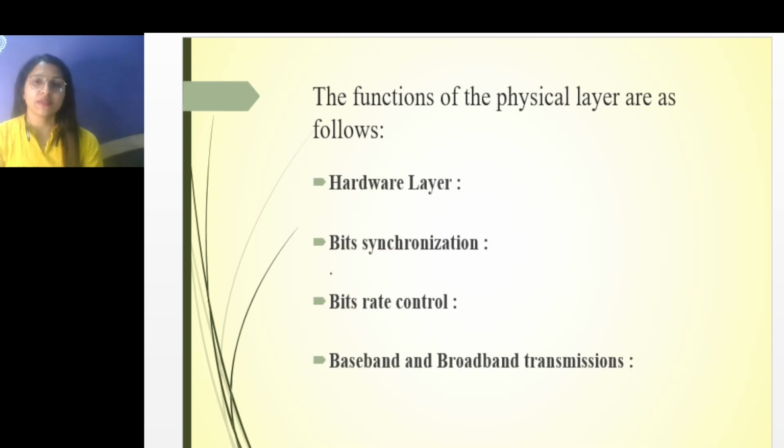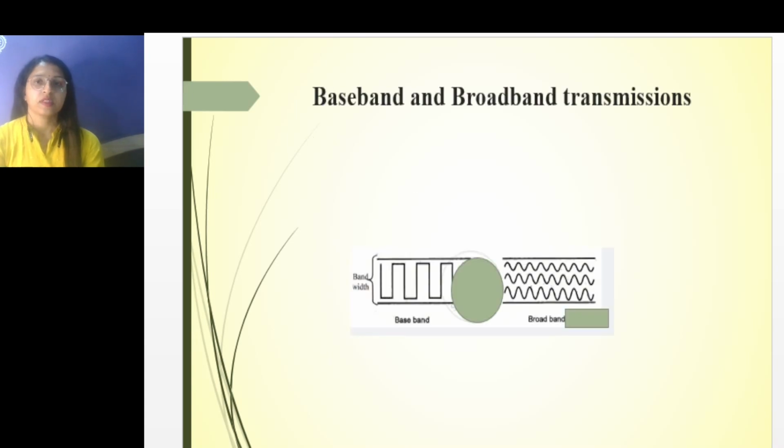Baseband transmits the digital signal using the physical medium like wires, whereas broadband transmits the analog signal. So you can see over here, baseband transmits the digital signal and broadband transmits the analog signal.